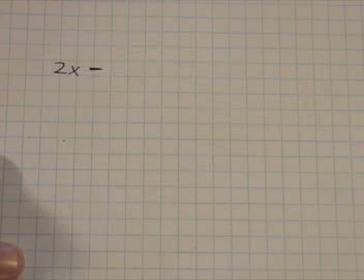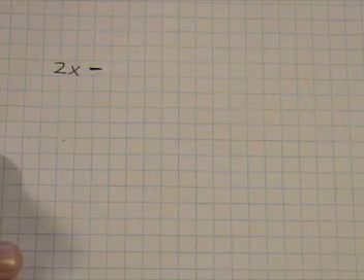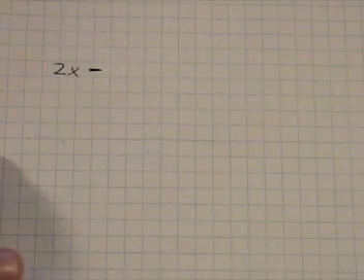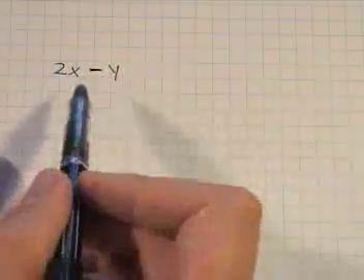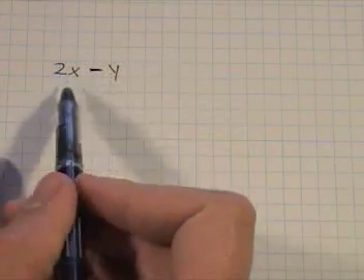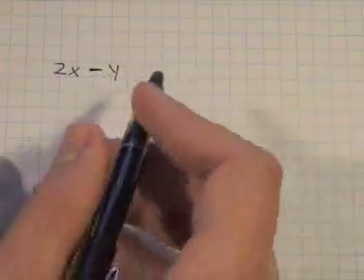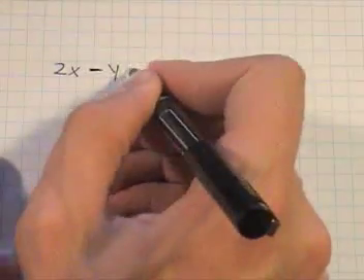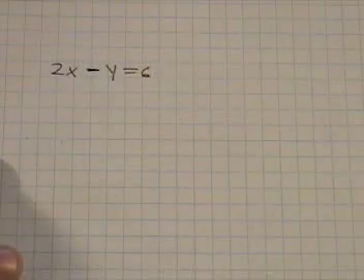Decreased by a second number. A second number has to be y in this case. We can't use x over again. We've already used that. So remember that the first number that we're talking about is x. The second number we talk about is y. And this says that they're all equal to 6. So there we wrote our first equation.